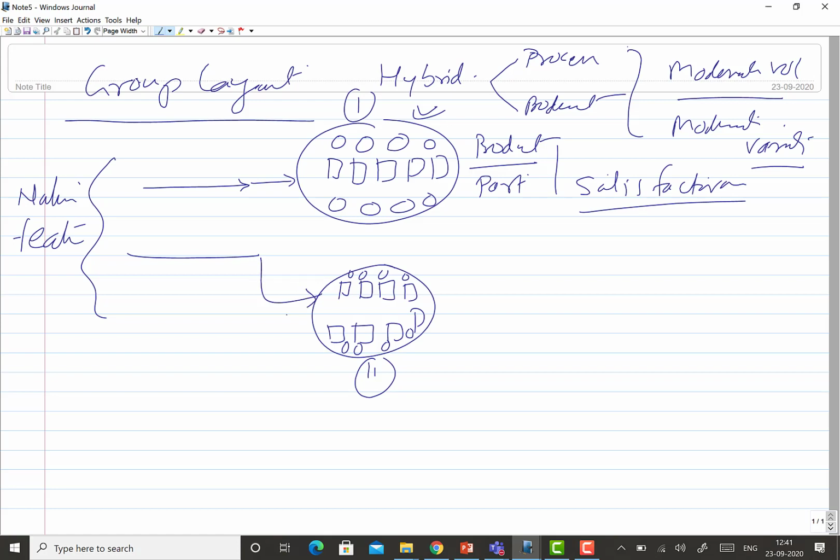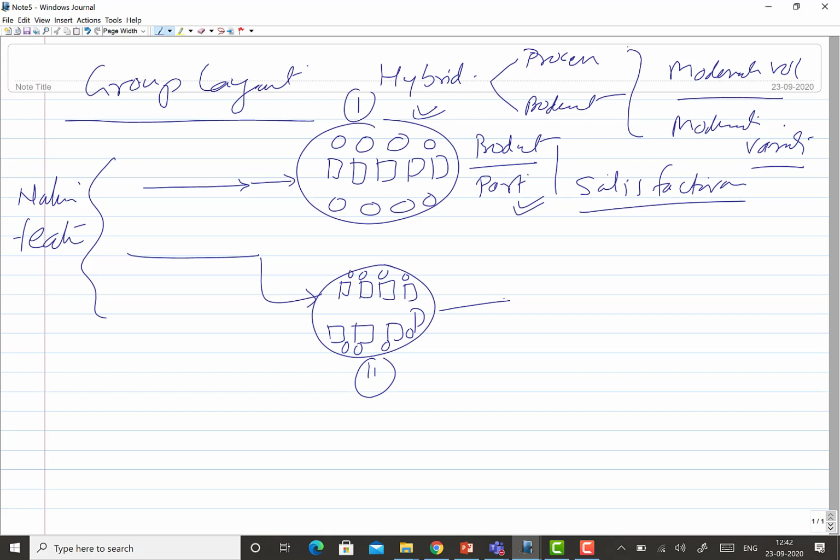Like one part family or another part family: for one type of geometrical features, this cell is used; for another type of geometrical features, the other cell is used. So they are responsible for manufacturing either a complete part or the complete product or a part of the product. Okay, so this is a kind of group layout.